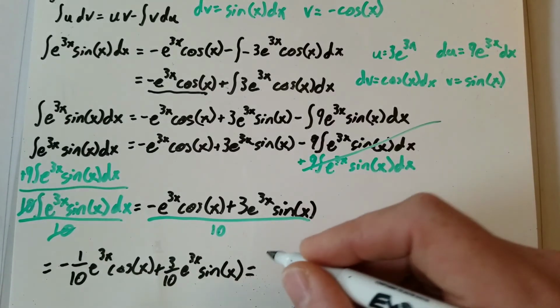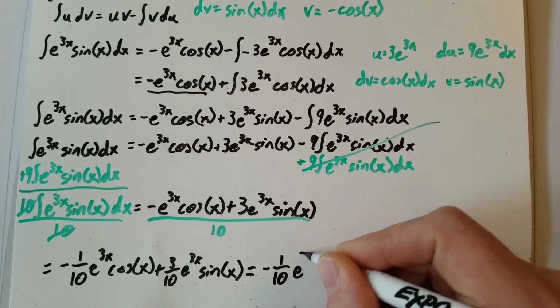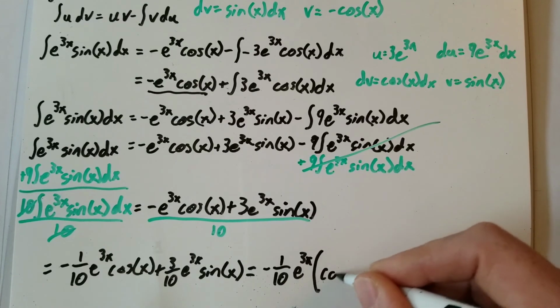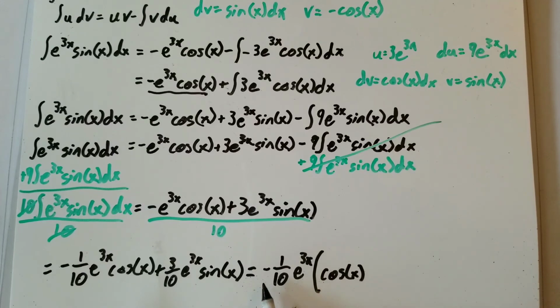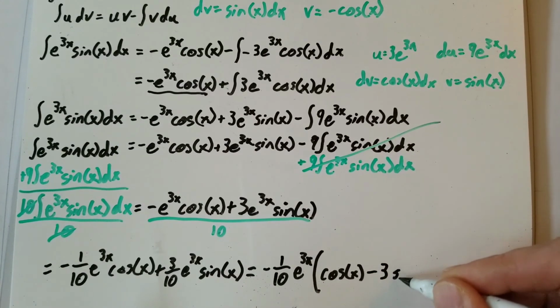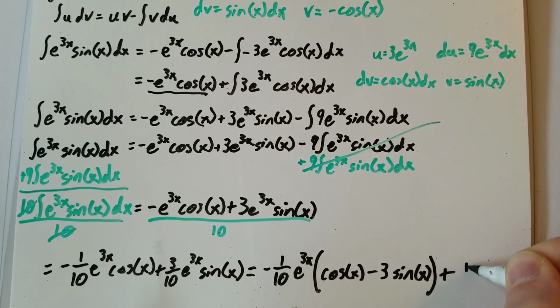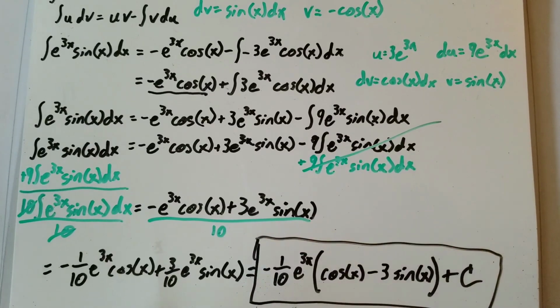So we've got negative 1 over 10 e to the 3x times cosine x. And because this is positive and we pull the negative out, we have to make this minus 3 sine x. Don't forget your plus C for your constant. And that is the final answer to this integral.